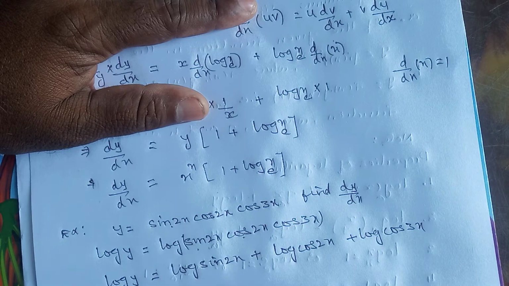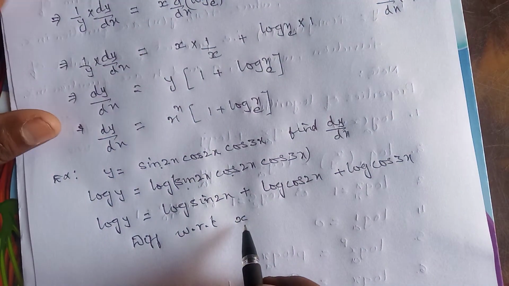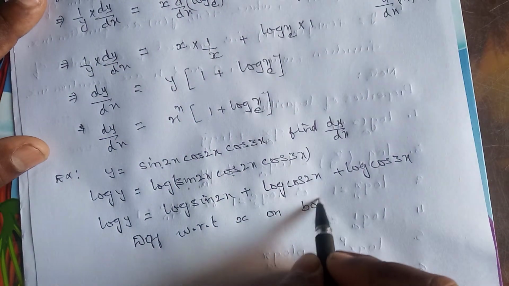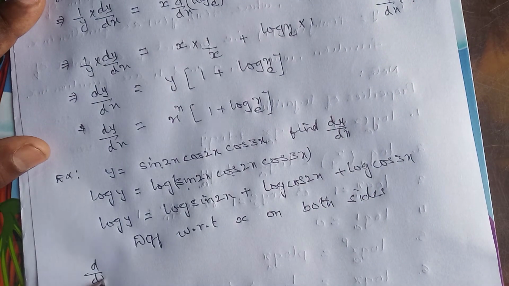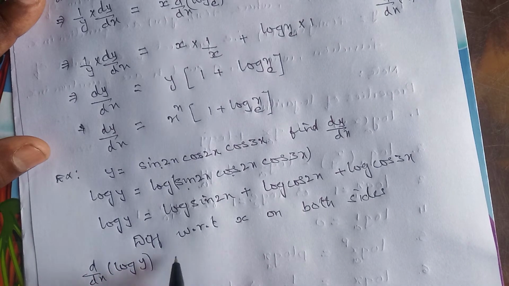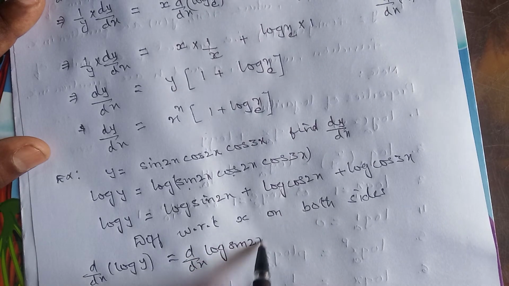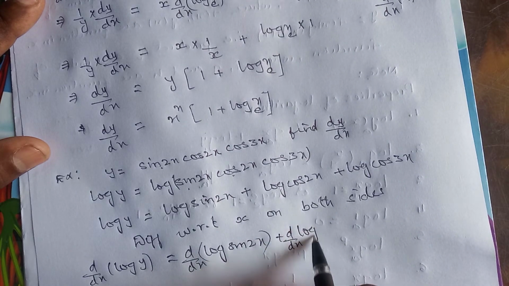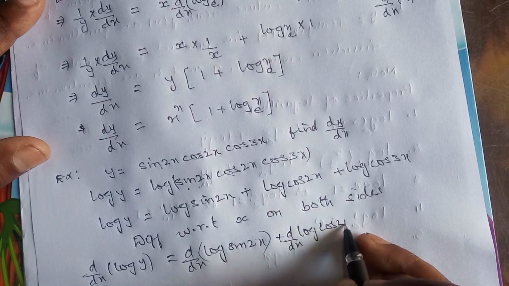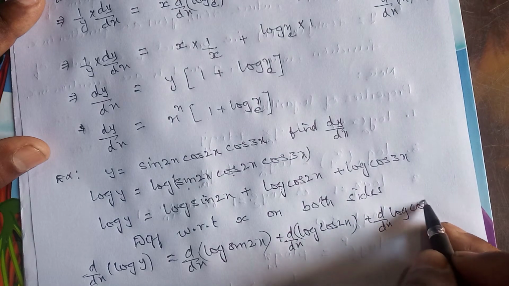Now differentiate with respect to x on both sides: d by dx of log y, d by dx of log sin 2x, d by dx of log cos 2x, d by dx of log cos 3x.